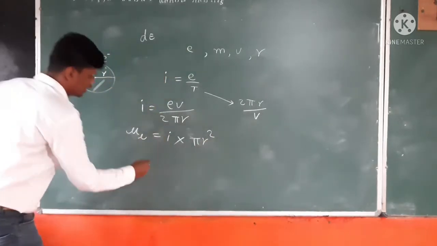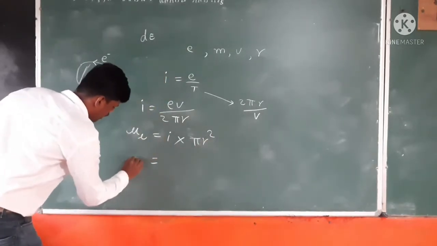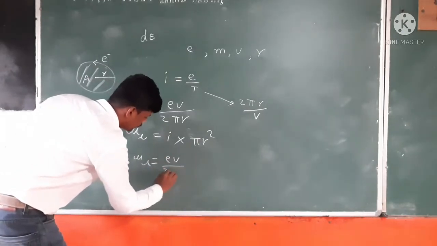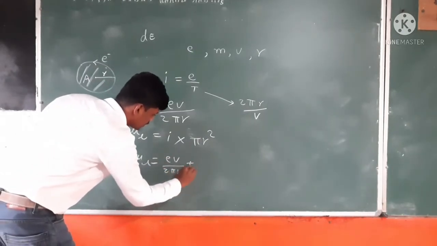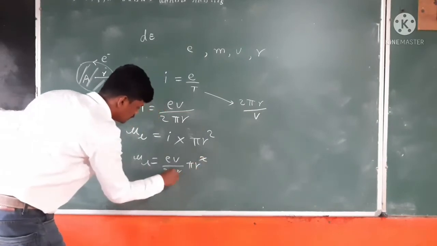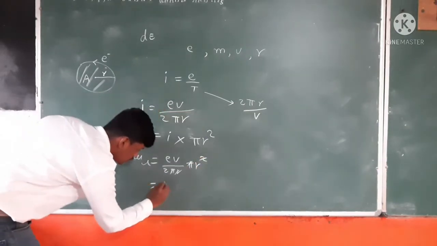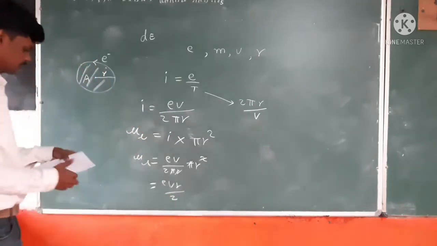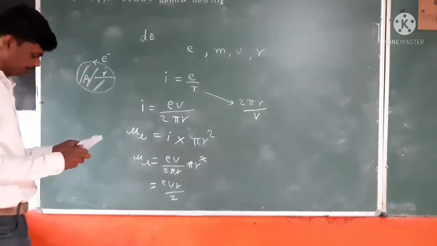So putting the value of I in this equation, we can write E v by 2 pi r into pi r square. So what we get is E v r by 2. So this is the magnetic moment.